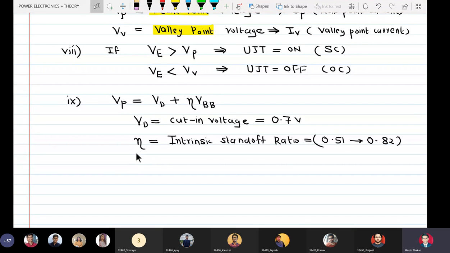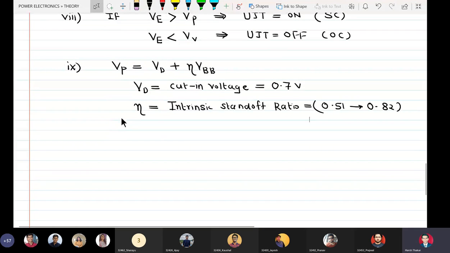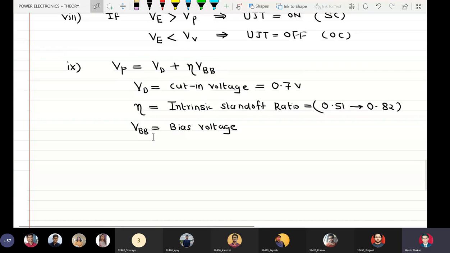The data sheet of a UJT does mention the value of intrinsic standoff ratio to be considered while analyzing this device, and VBB is nothing but the bias voltage. So just like we have VCC for a BJT and VDD for a MOSFET, for a UJT we have the bias voltage denoted as VBB.